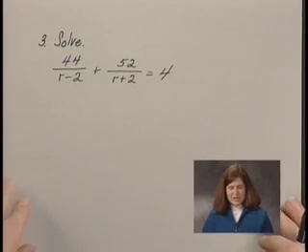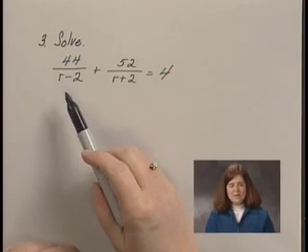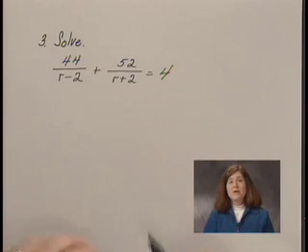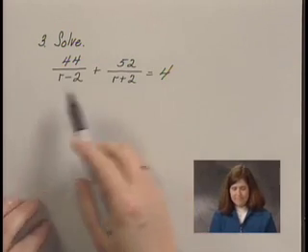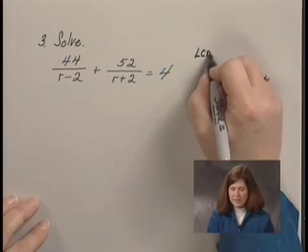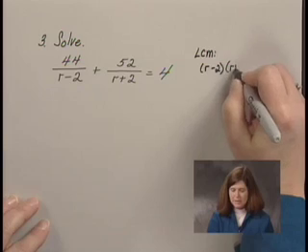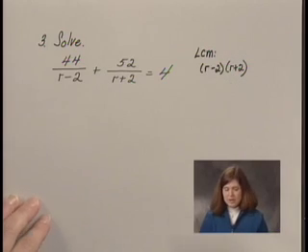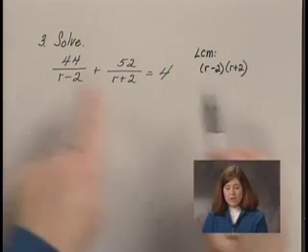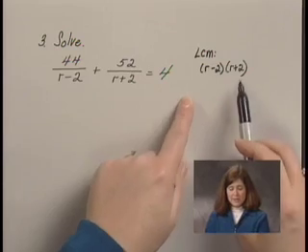When I solve an equation like this with a variable in the denominator, I want to multiply by the least common multiple of the denominators. In this case, the least common multiple is r minus 2 times r plus 2. So I'll multiply both sides of the equation by this quantity.